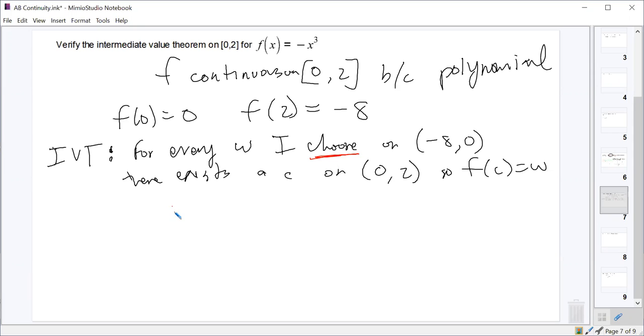Yep, that's exactly what it is. It should be w is less than 0, but greater than -8, right? That's telling us we're picking a w between -8 and 0. And we need to show that that gives me a c between 0 and 2. So effectively, I need to turn that w into a c somehow. Well, how can I turn that w into a c? What else do I know about the relationship between c and w?